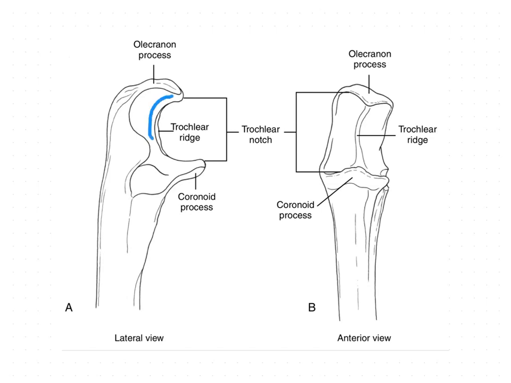It is a semicircular concave surface called the trochlear notch. You can see here, this is the trochlear notch. This is also the trochlear notch. So the articulating surface of the humero-ulnar joint is a deep semicircular concave surface called the trochlear notch.